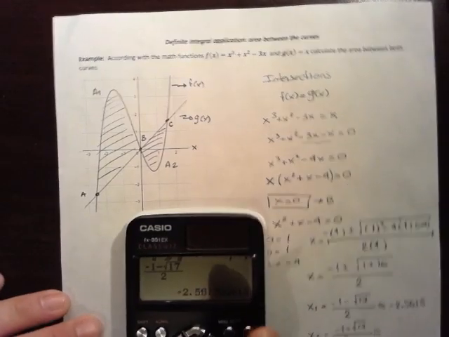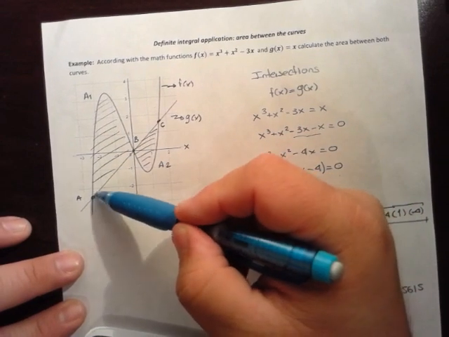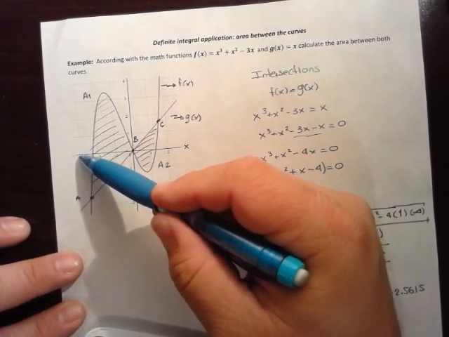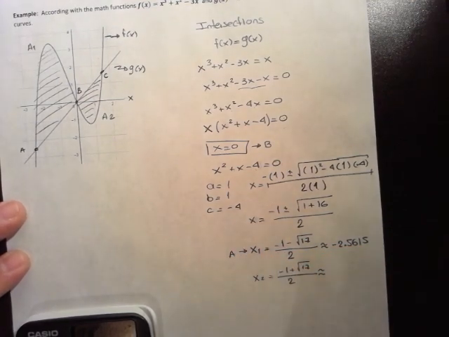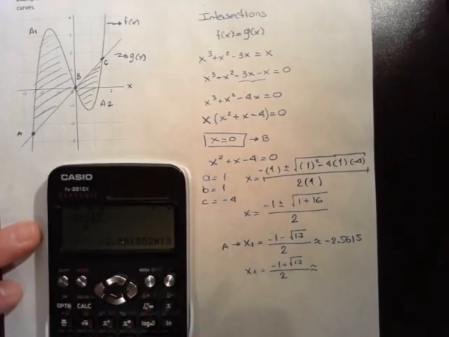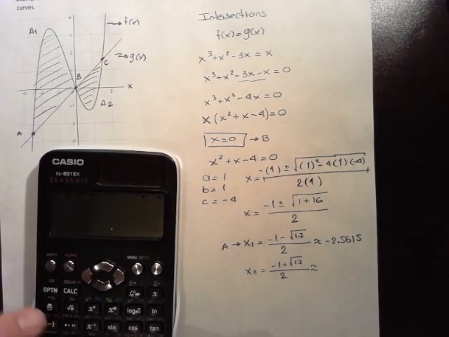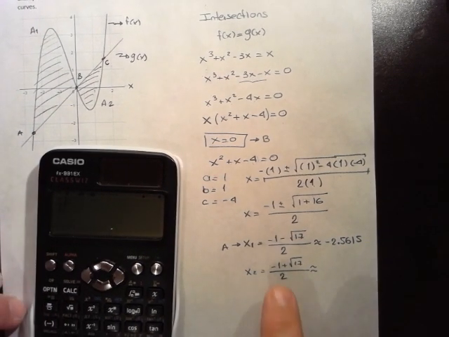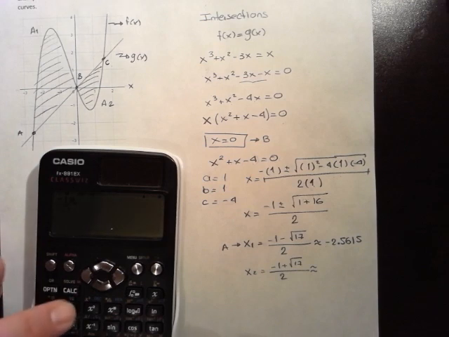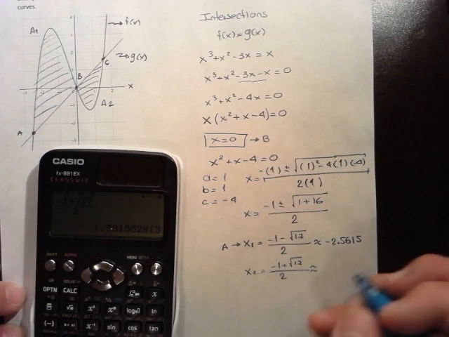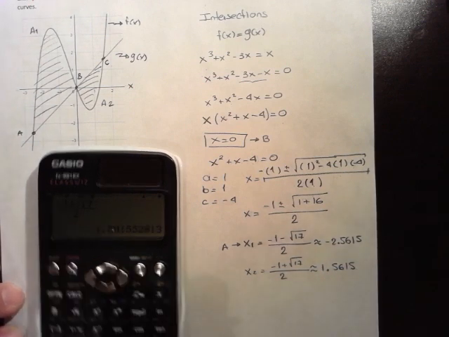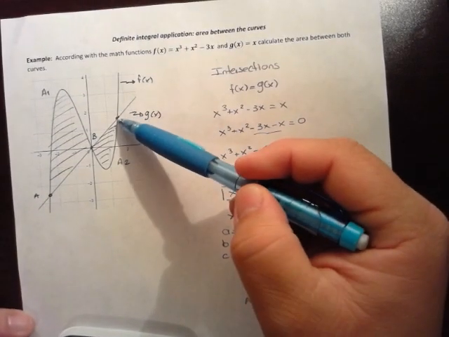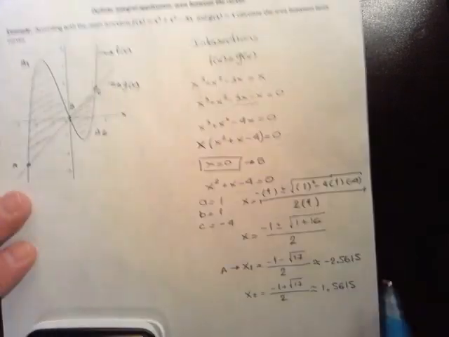As you can see, it corresponds with this point that is between minus 2 and minus 3. So it means that this is going to be intersection A, and the other one should be the intersection C. Minus 1 plus the square root of 17 over 2 is going to be 1.5615. That corresponds with this one, that is between 1 and 2, with this same number.